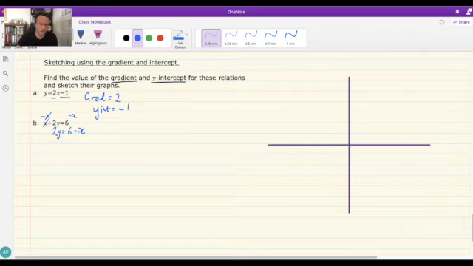So they cancel to give us 1y, and we get 3 minus x over 2, or half x, it's the same thing. Now I'm going to switch that around so it's in our gradient intercept form.